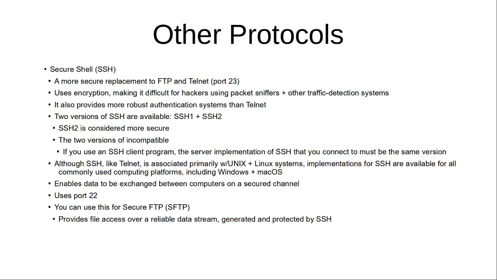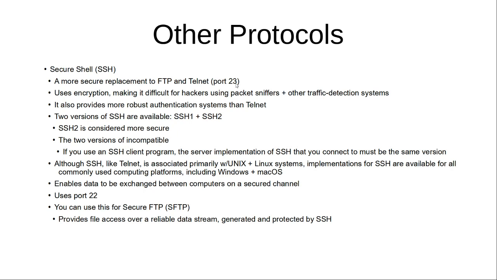So now we can delve into Secure Shell very quickly. We're going to do Secure Shell and Telnet, but mostly you're going to be using Secure Shell because Telnet is considered unsecure. It's a more secure replacement for FTP and Telnet. It uses encryption, making it difficult for hackers using packet sniffers and other traffic detection systems.